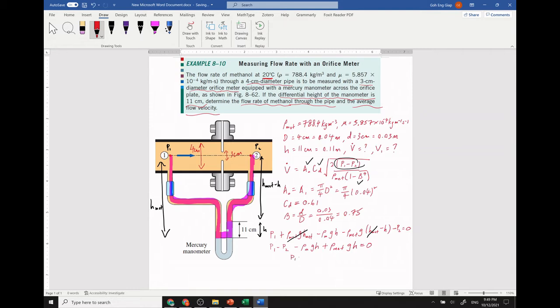So P1 minus P2 equals, in the bracket, rho m minus rho mat, g H. I hope it makes some sense to you in the equation.